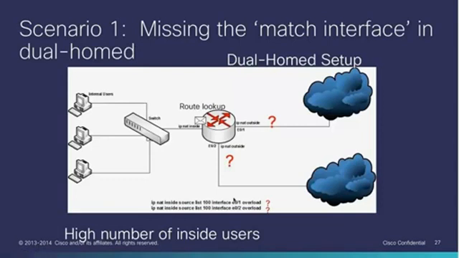The statement here, interface overload, does not tell the router to match an outgoing interface. It does not tell the router to route the traffic in a particular way. It just tells the router to NAT the traffic to this IP address. For all we care, this IP address could have been a loopback interface, which is not an exit interface.